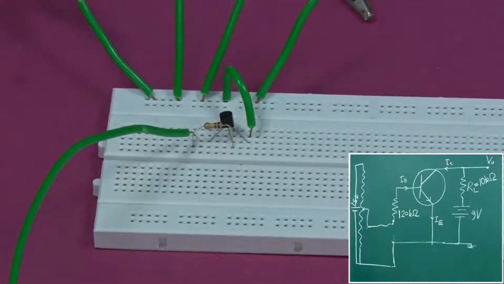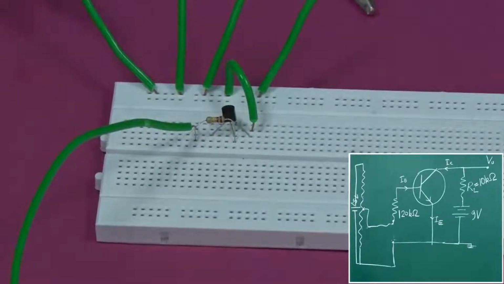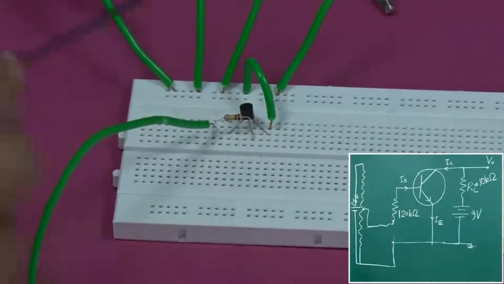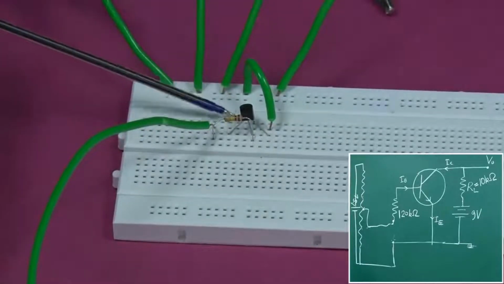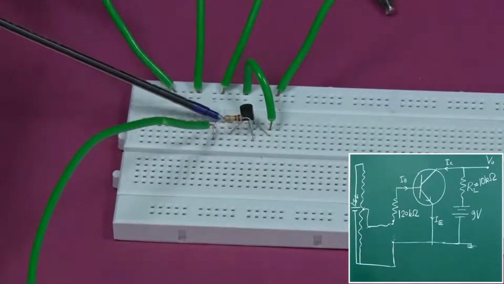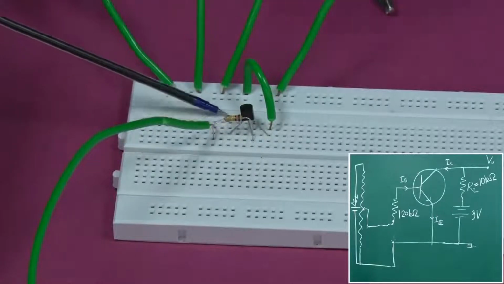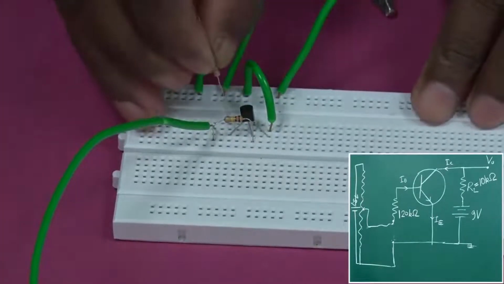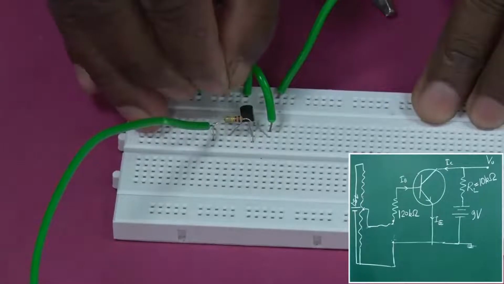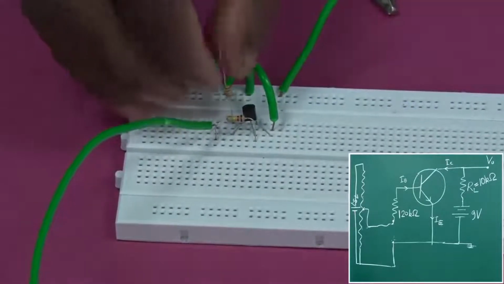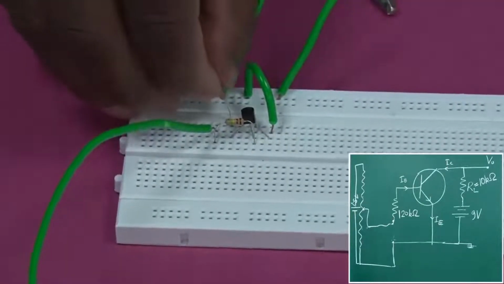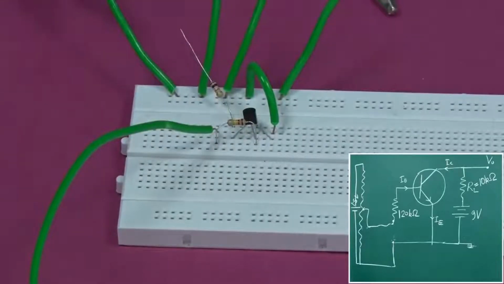Now, let us come to the collector part. From the collector we have to add a 10 kilo ohm resistance. So, where is the collector? Collector is here. So, in that same line you have to add a 10 kilo ohm resistance, and the 10 kilo ohm resistance should go to a 9 volt battery.